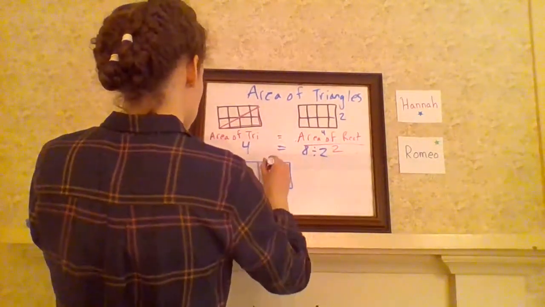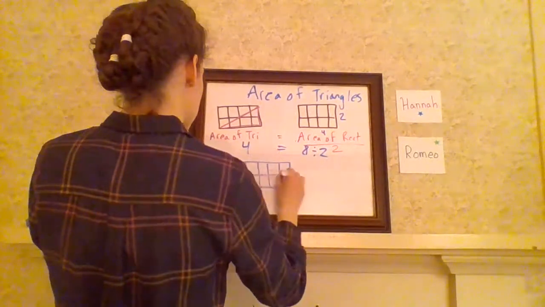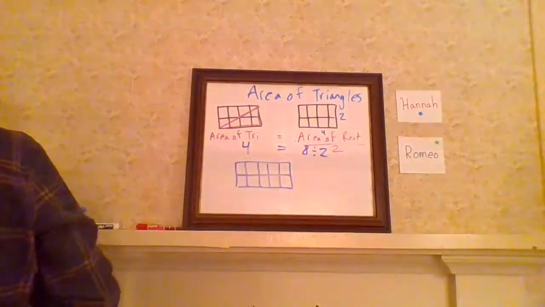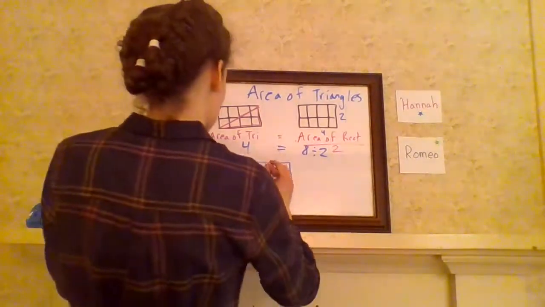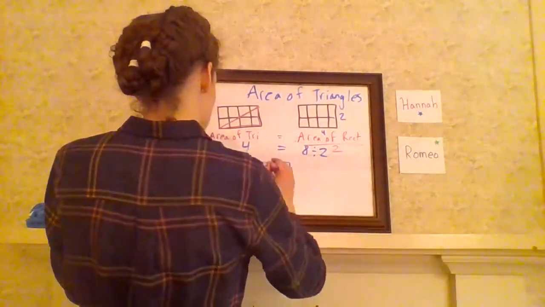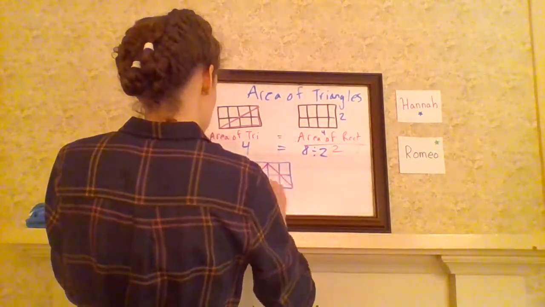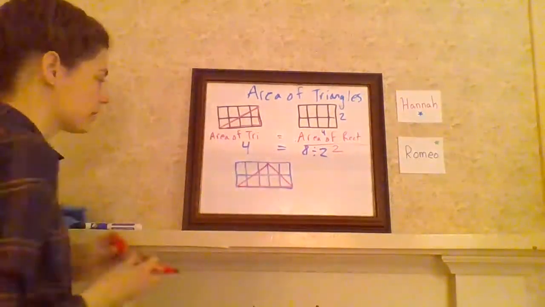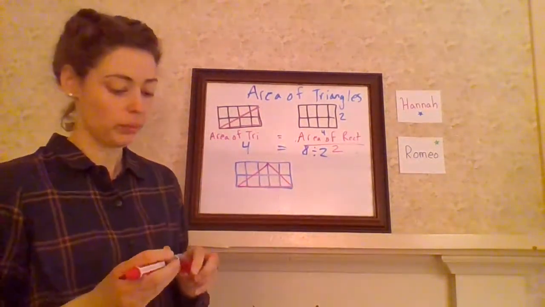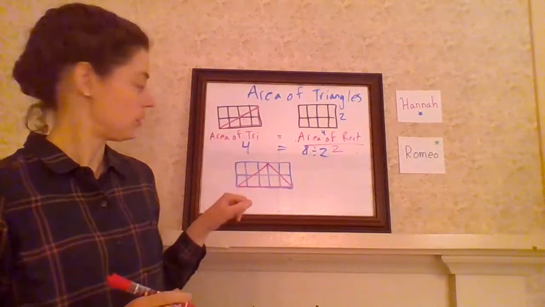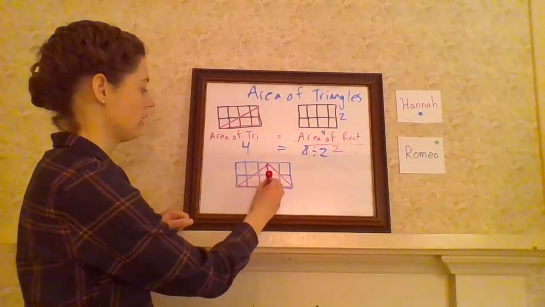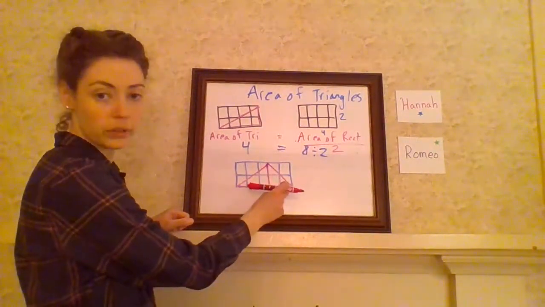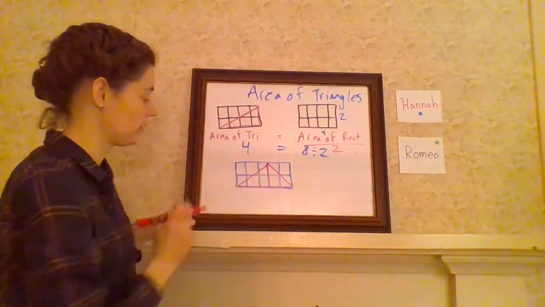Okay, then we have a triangle. This is not a right angle triangle, but what we could do is turn it into 2 right angle triangles by drawing a line right here. See how we have 1 right angle triangle here and 1 on the other side?